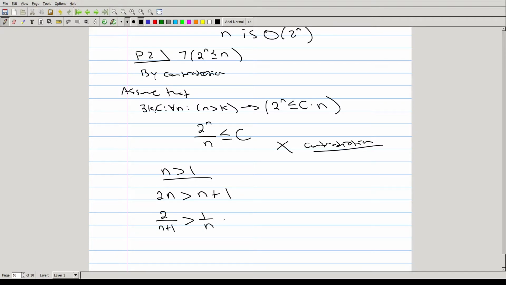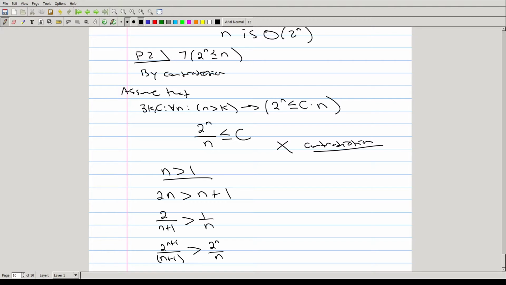And if I multiply both of these by 2 to the n, we get 2 to the n plus 1 over n plus 1 is strictly greater than 2 to the n over n. So this is an increasing sequence of values, and because it's strictly increasing, that means that it's increasing without bound, which is really quite incredible.